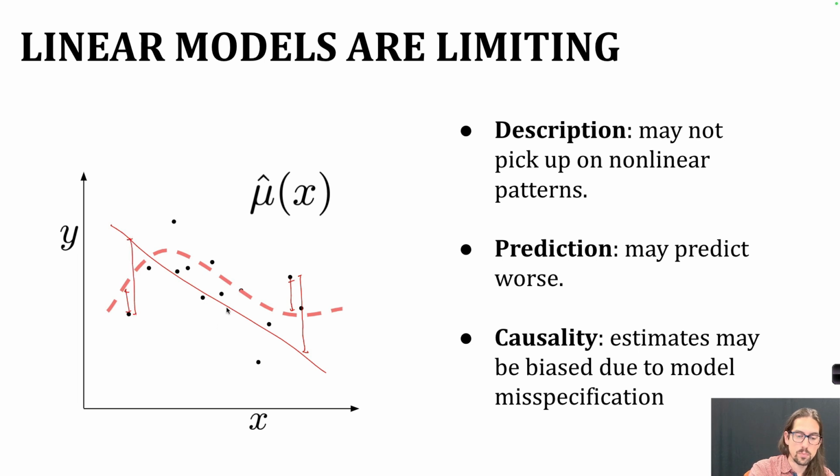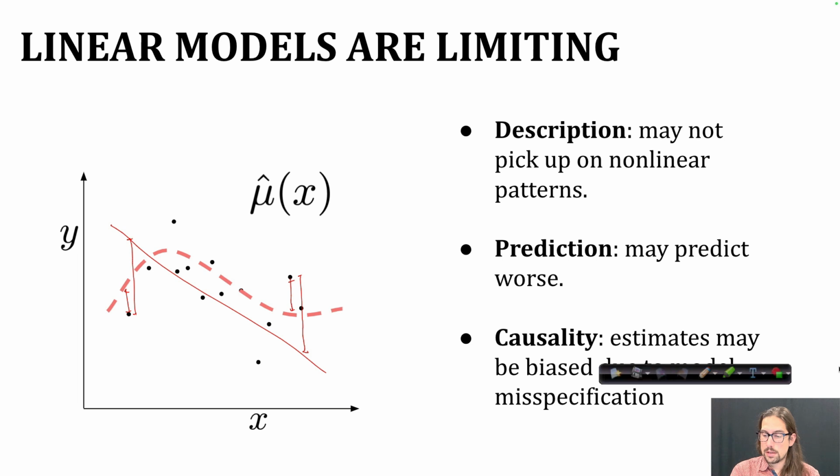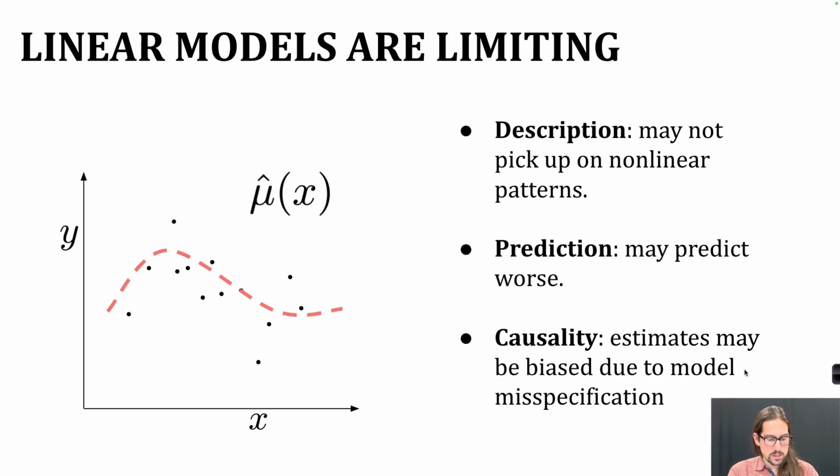There may be some where the line is fitting better than this curve, but for most of the points, the curve is doing better. And so if you're trying to ascertain risk, or what's the most likely outcome for patients in a clinic, or for people who are insured, who's going to drop off insurance, who do we need to offer services to, that kind of stuff, then you're going to do a lot worse by using linear or logistic prediction models than you would if you somehow had some way to fit these nonlinear relationships automatically.